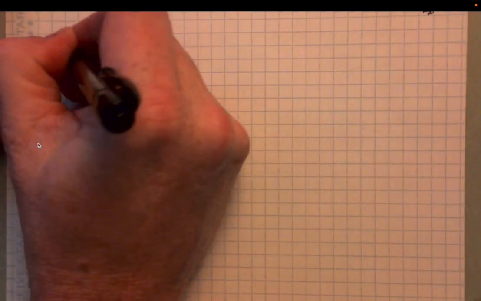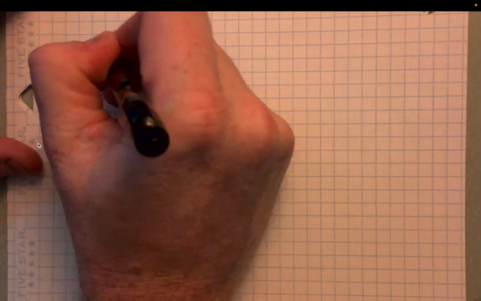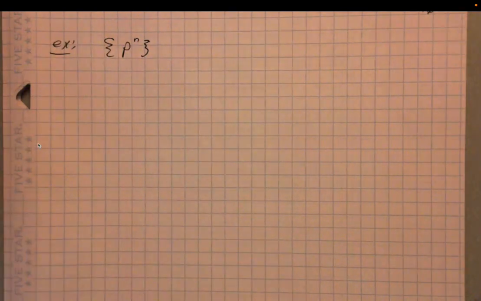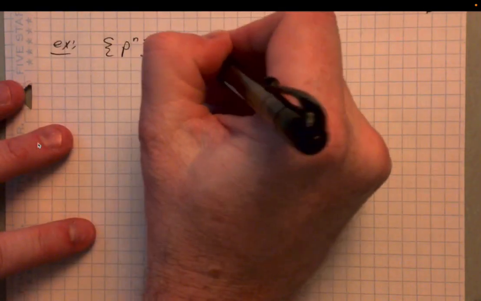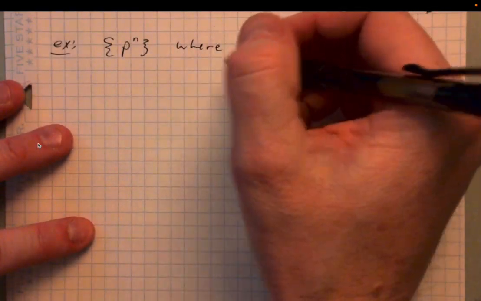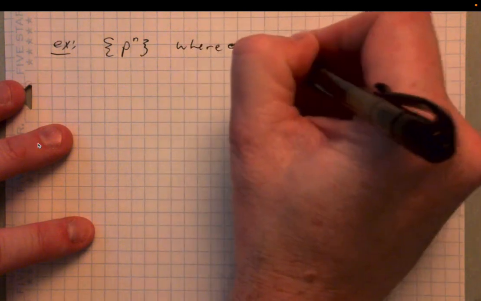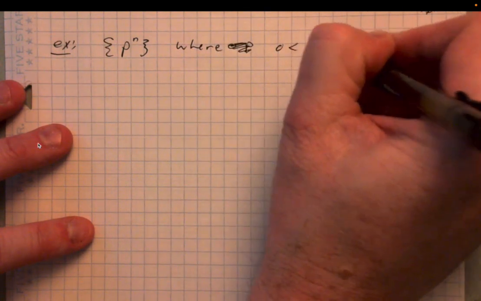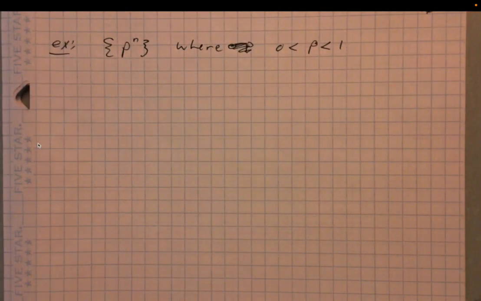Let's look at an example. Let's consider p to the nth power, where p is between 0 and 1. We saw this one two lectures back, I believe.